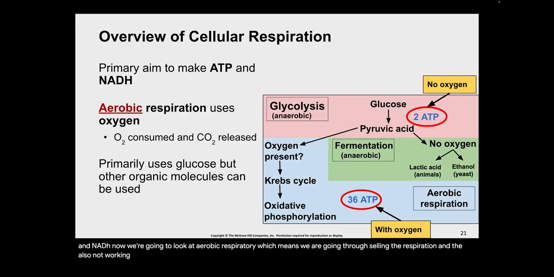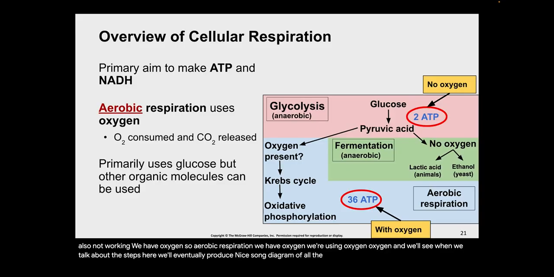So we have oxygen. So aerobic respiration, we have oxygen, we're using oxygen. Right? We're consuming oxygen, and we'll see when we talk about the steps here, we'll eventually produce CO2 that will be released.